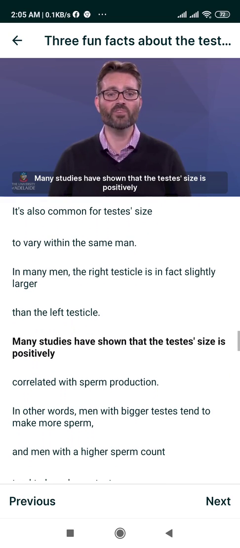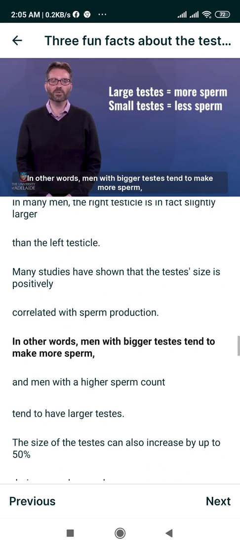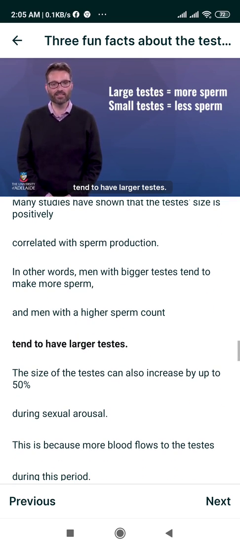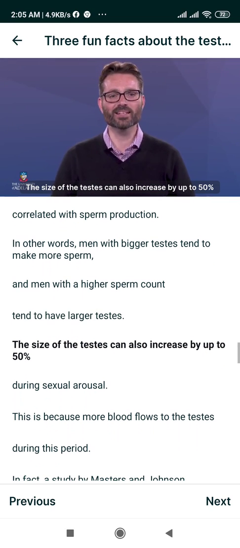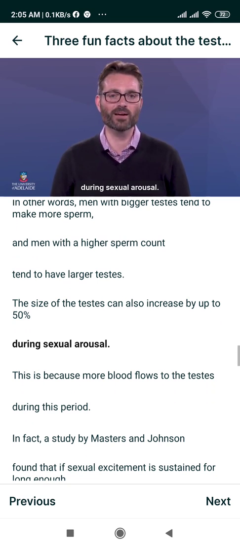Many studies have shown that the testes size is positively correlated with sperm production. In other words, men with bigger testes tend to make more sperm, and men with a higher sperm count tend to have larger testes. The size of the testes can also increase by up to 50% during sexual arousal.